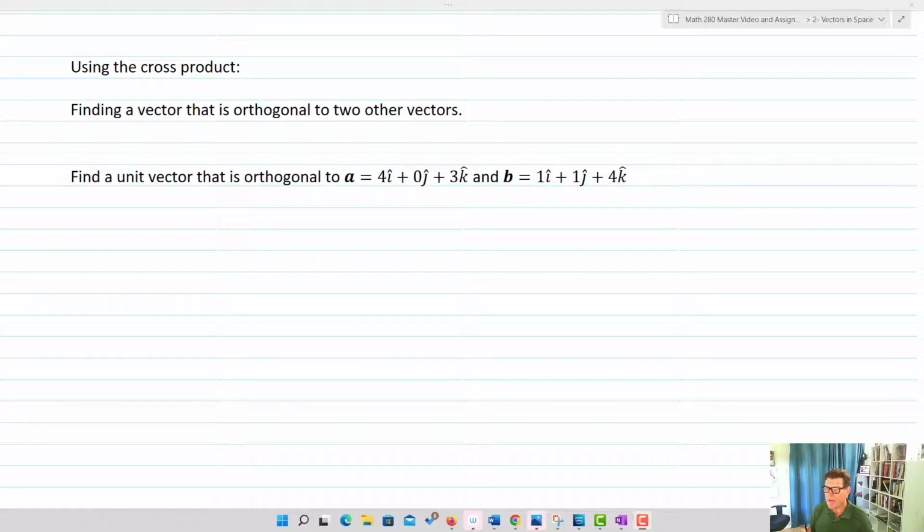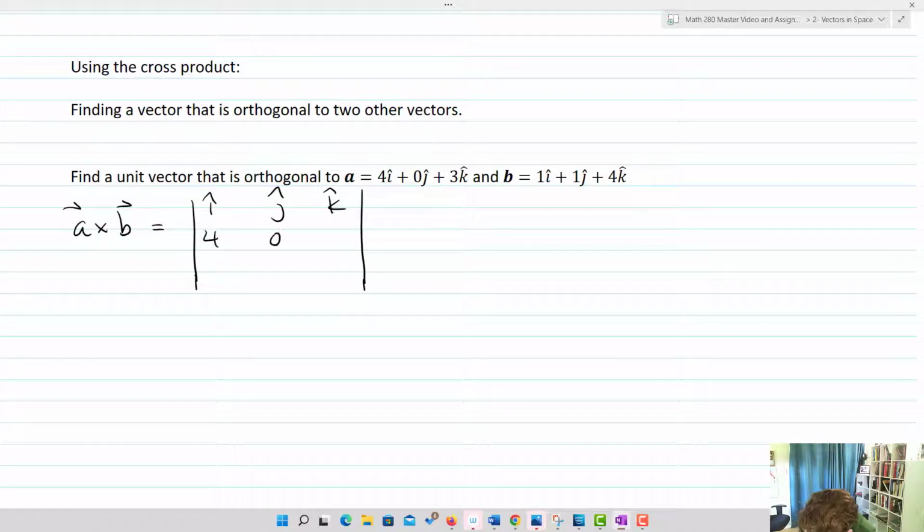Well, we know that the cross product is going to give me a vector that's orthogonal. So I'll go out and find my cross product. I want to find A cross B, and I've got i, j, and k. I'm going to utilize what's called the determinant method.